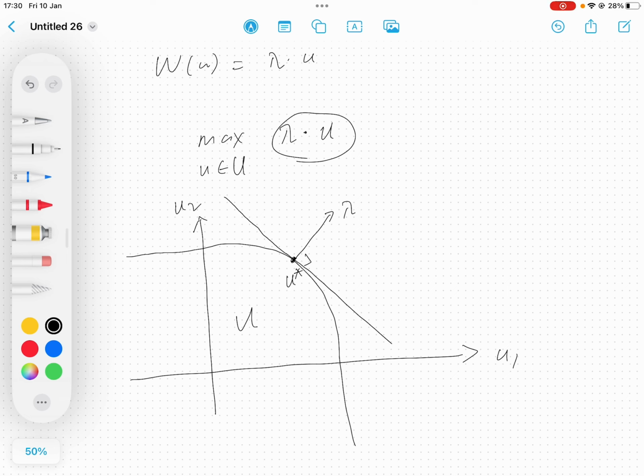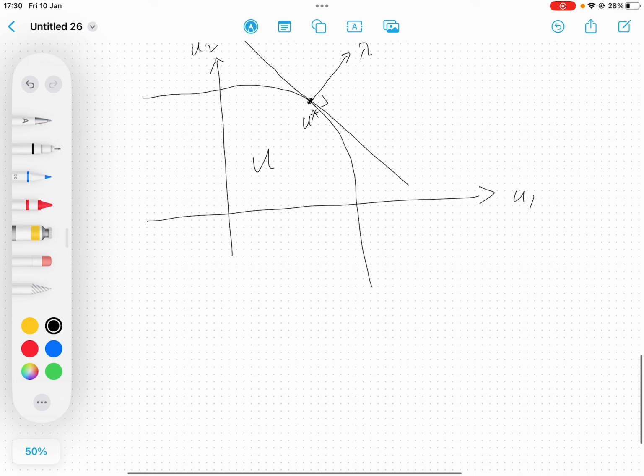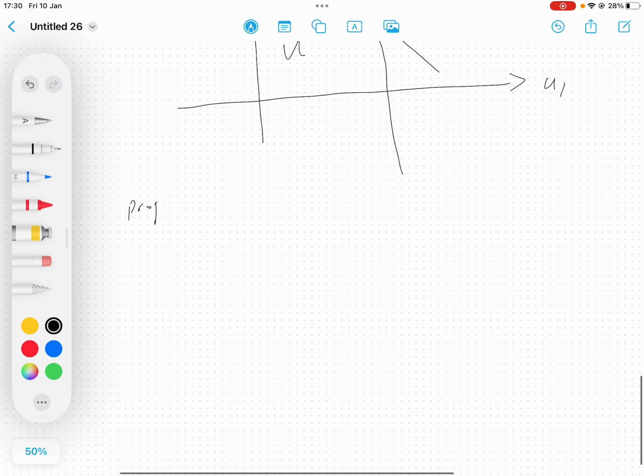Next, we're going to use a proposition to establish the result for this problem. That's Proposition 16.E.2.